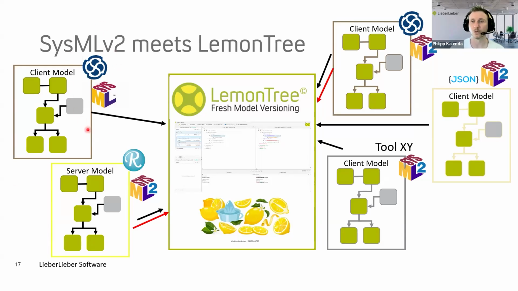So the SysML v2 tool called Tricoro, which will come in the course of this year. So this will of course also be supported since we support Enterprise Architect, diffing and merging with the current LemonTree version as well. So that's the main vision, to be the central diffing and merging tool for the SysML v2 standard based on the official file format, textual representation, and the exchange format.